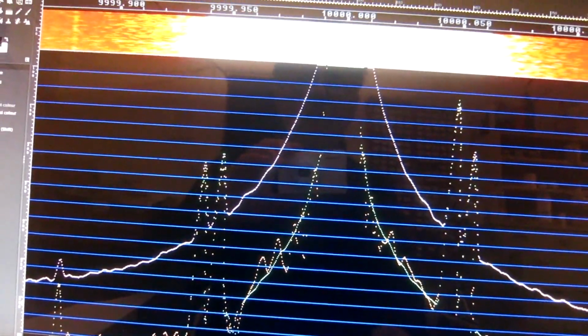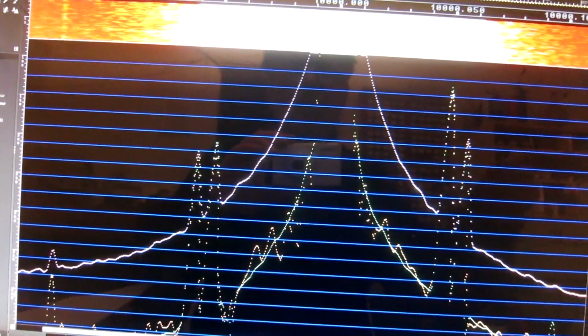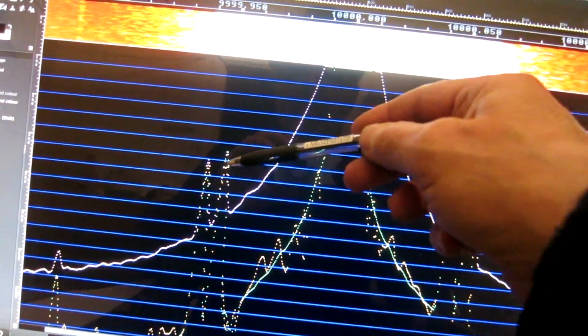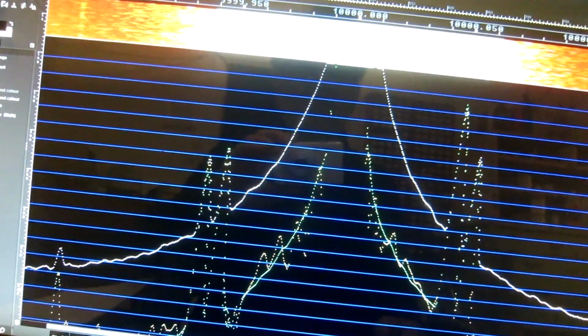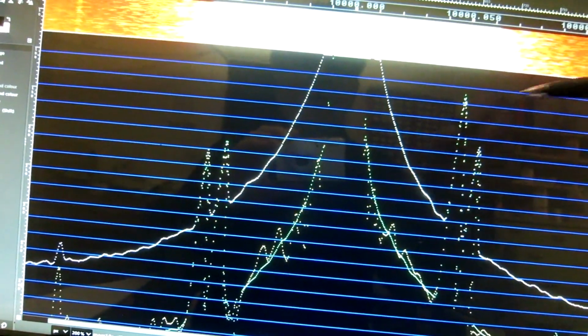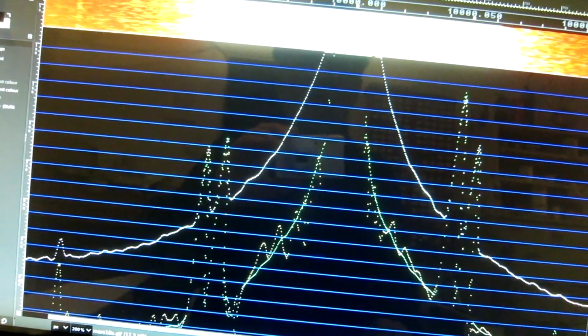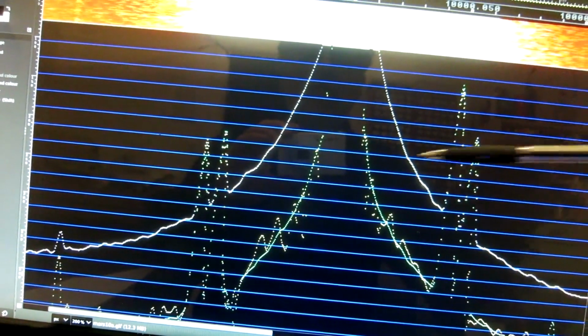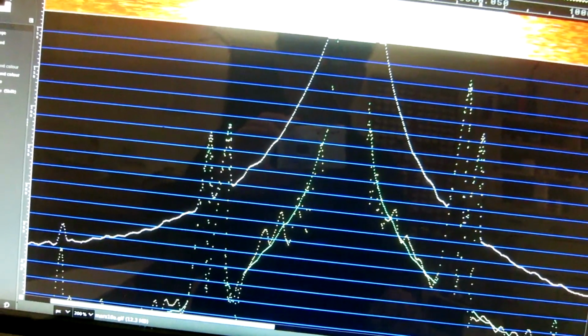One thing to observe is that the levels of the 50 Hz sidebands, this one and that one, are very different. On the high frequency side it's much stronger. There is also a 60 Hz sideband, I don't know from where it comes.